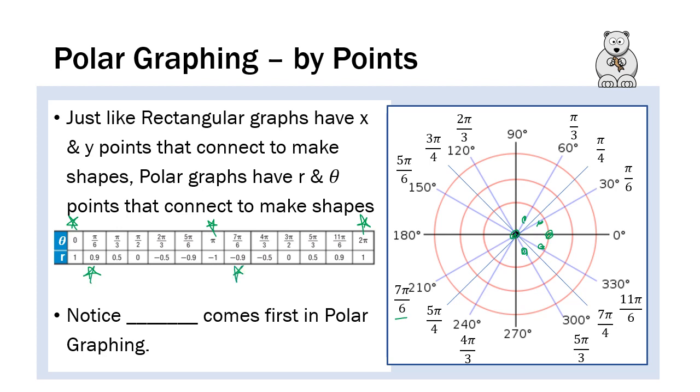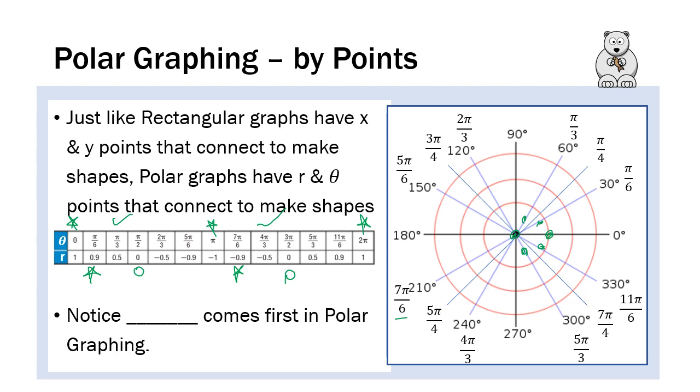And I think this is going to happen a bunch. If I do the pi over 3, it's the same as 4 pi over 3 in the negative direction. So pi over 3 and 4 pi over 3, those match. Pi over 2 and 3 pi over 2, also both match. 2 pi over 3 matches with the 5 pi over 3 going in the opposite direction.